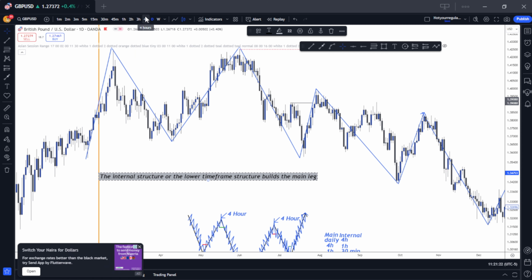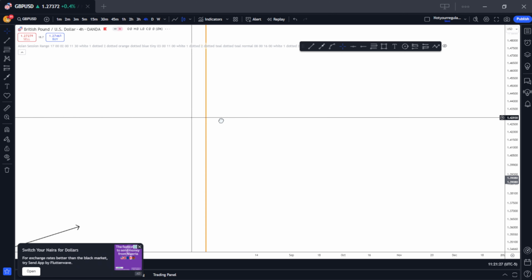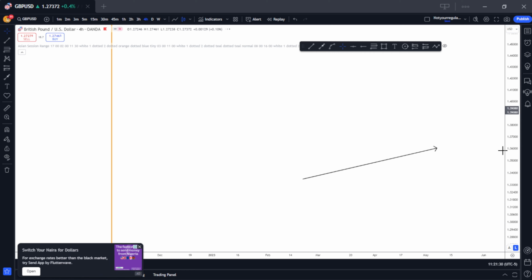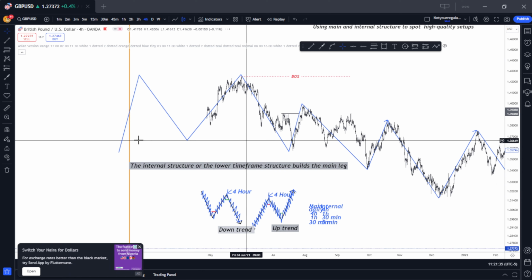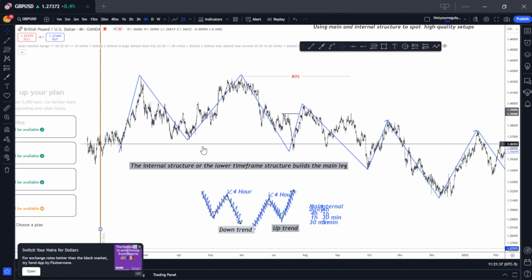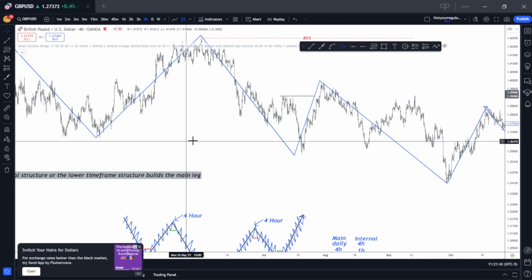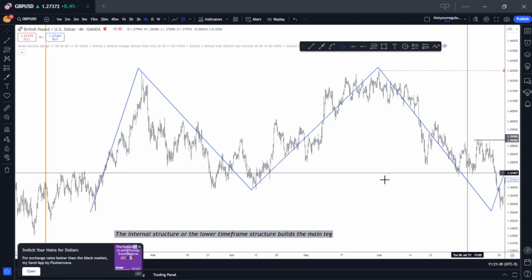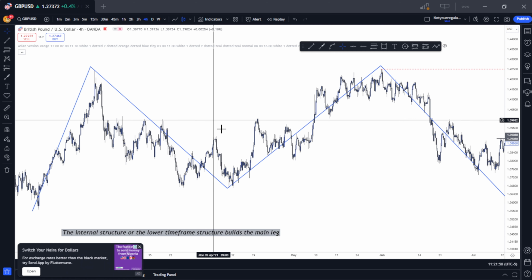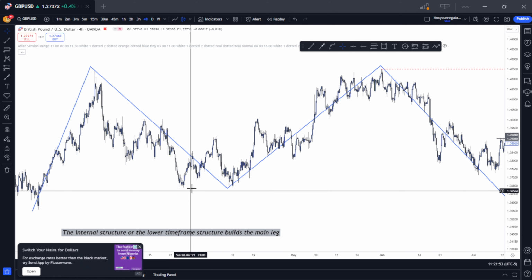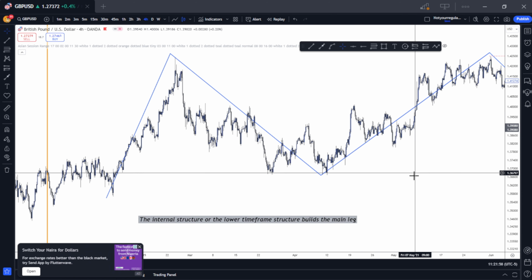So we need to go to the 4-hour. Now I can see it clearer. Like I said, the internal structure is what builds the main leg. As you can see, the internal structure here builds this main leg, then this other leg.